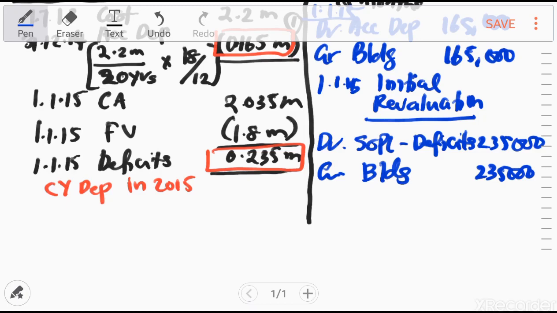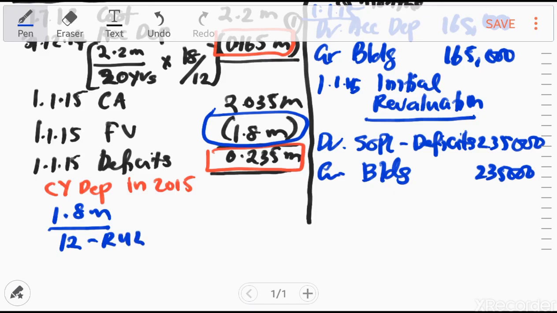So in that year, if you were to calculate depreciation for building, right? The depreciation for building in 2015 will be based on the fair value. So based on this value, it would be 1.8 million divided by the 12 years. 12 years is the RUL.